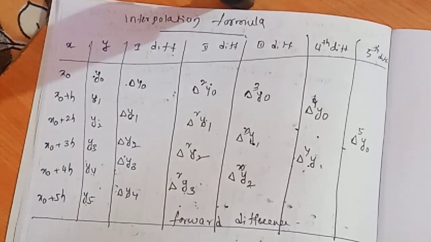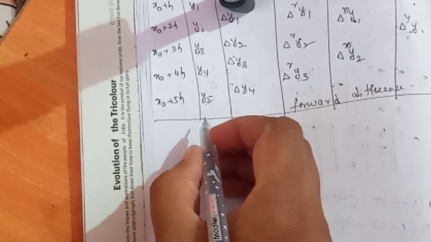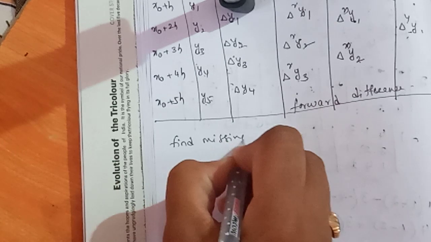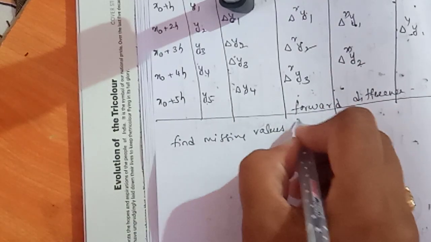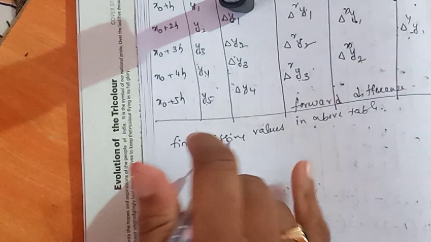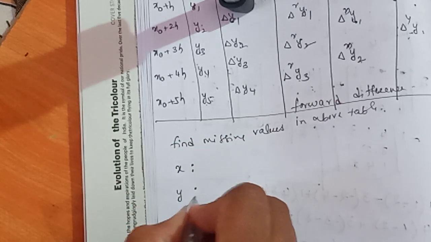Now to understand this method, let us do one problem related to it, so that you will easily understand. As a problem, find the missing values in the above given table. The table gives some x values and y values.